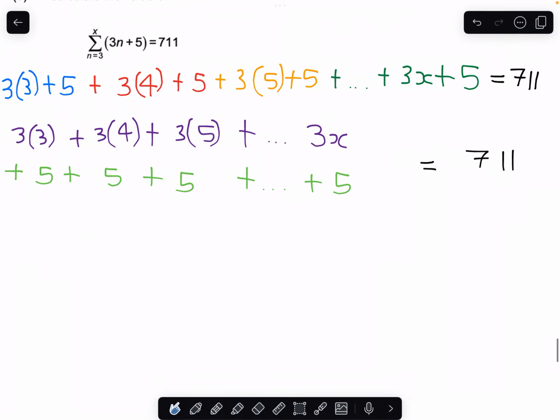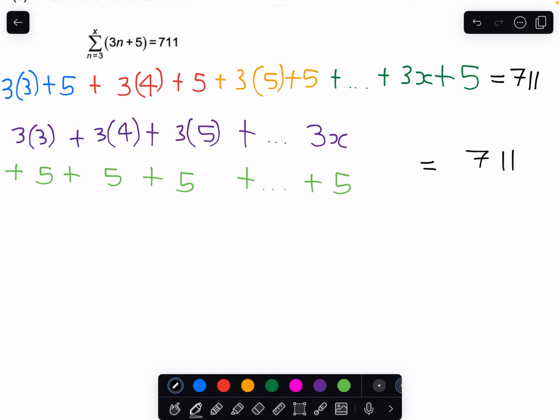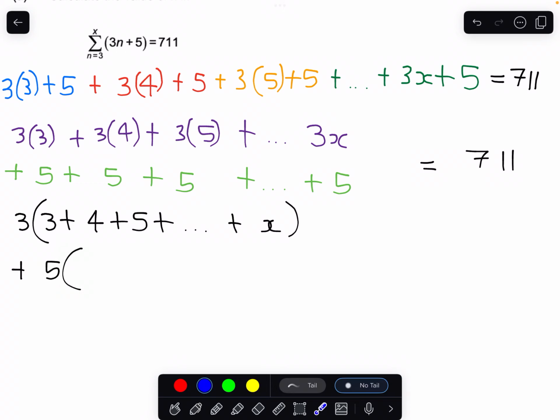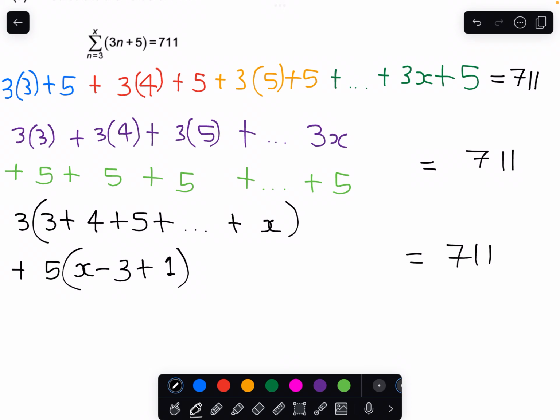Okay, so if we simplify that a bit for ourselves, that is 3 times 3 plus 4 plus 5 up until x, and 5 times, well, how many terms do we have here? We have x minus 3 plus 1, as previously explained.